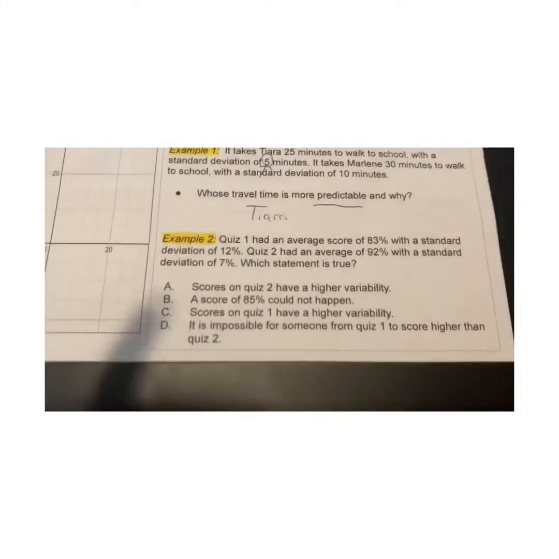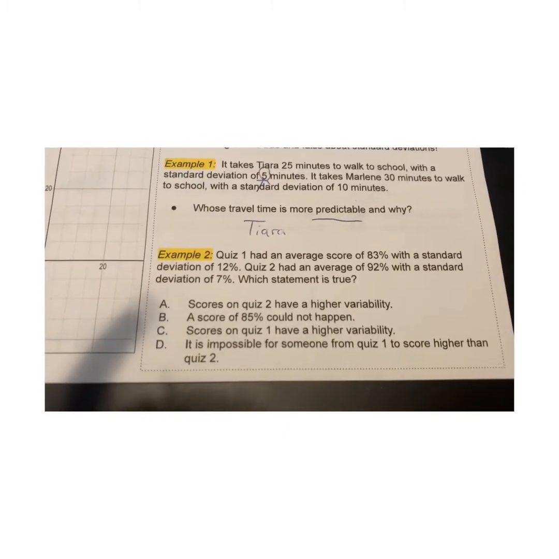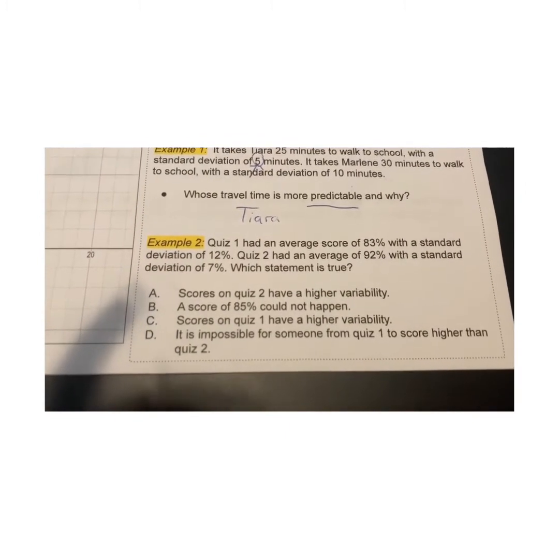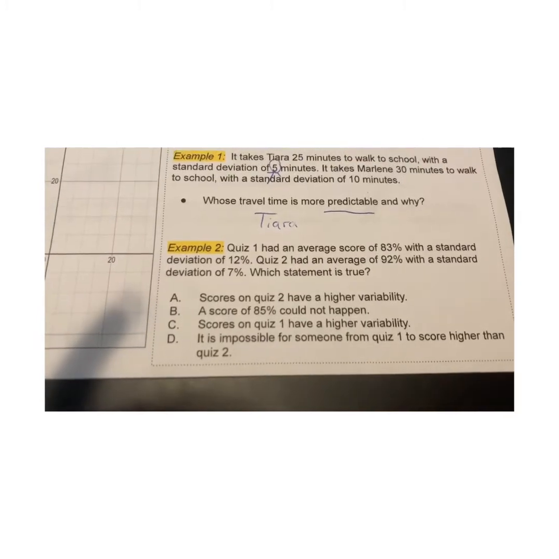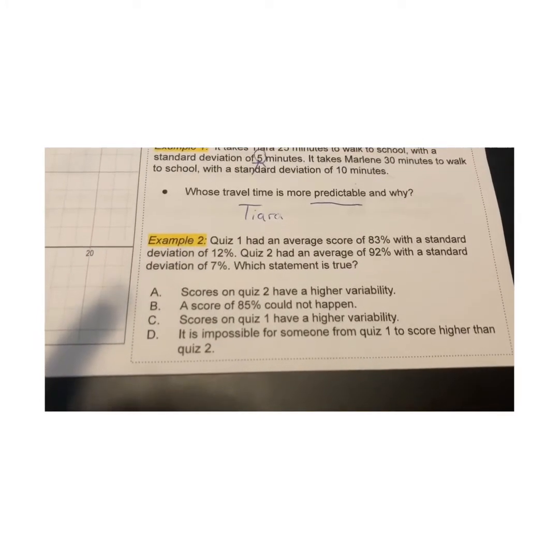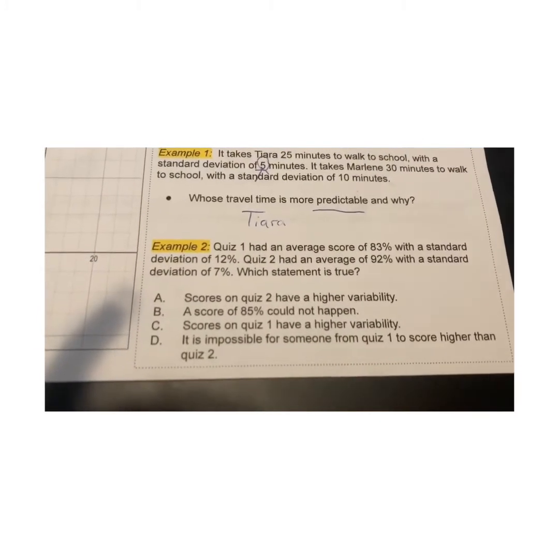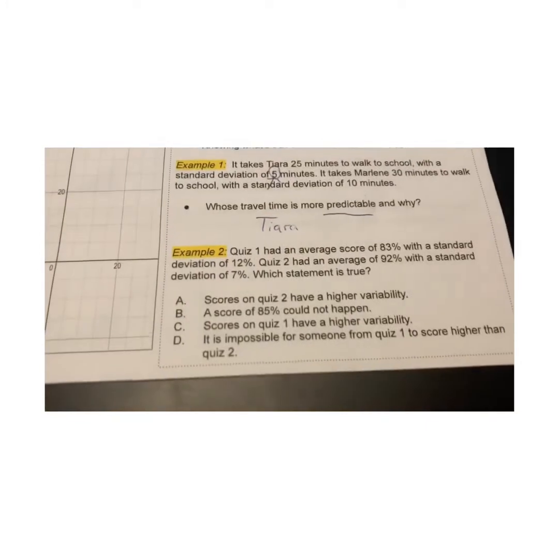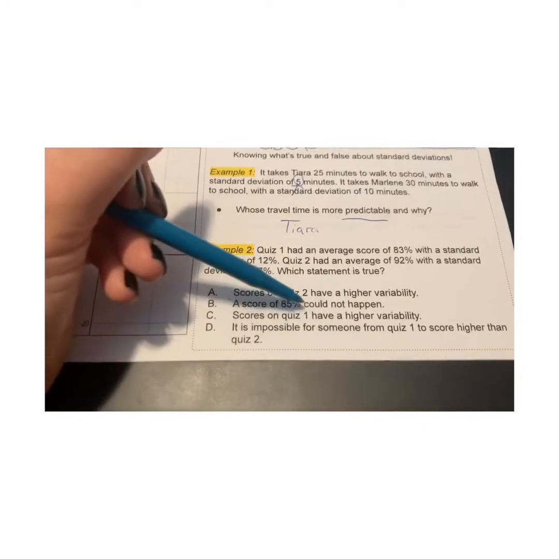Example 2, quiz 1 had an average score of 83% with a standard deviation of 12%, and quiz 2 had an average of 92% with the standard deviation of 7%. So which of these are true? Again, you're going to get a lot of true and false questions about this, so you have to know what's going on, okay? A, scores on quiz 2 had a higher variability.